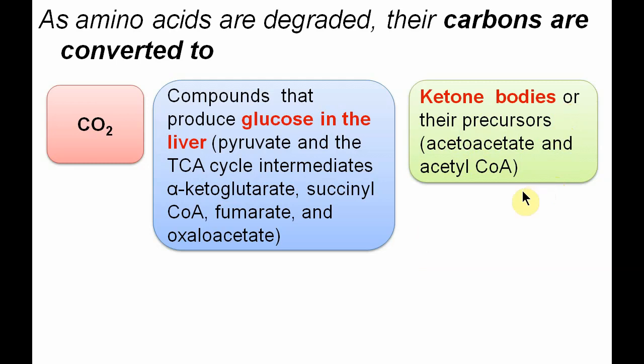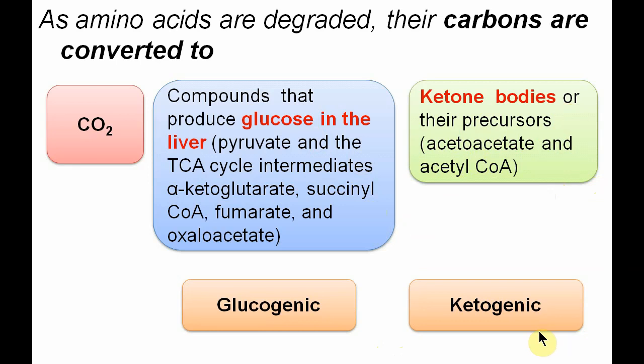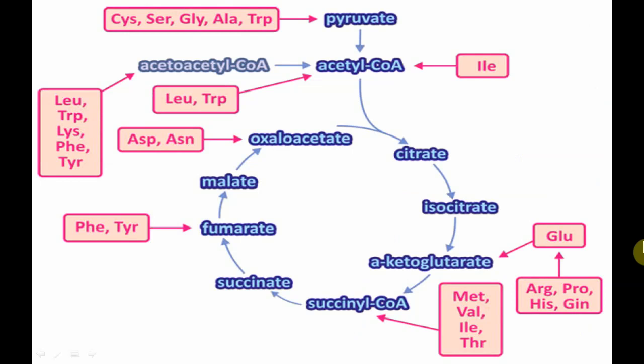The amino acids whose carbon skeletons form glucose in the liver are called glucogenic amino acids, and those whose carbon skeletons form ketone bodies are called ketogenic amino acids. A few amino acids have carbon skeletons that form both glucose and ketone bodies, and those amino acids are termed glucogenic as well as ketogenic amino acids. So these are the conversion points of the amino acids.